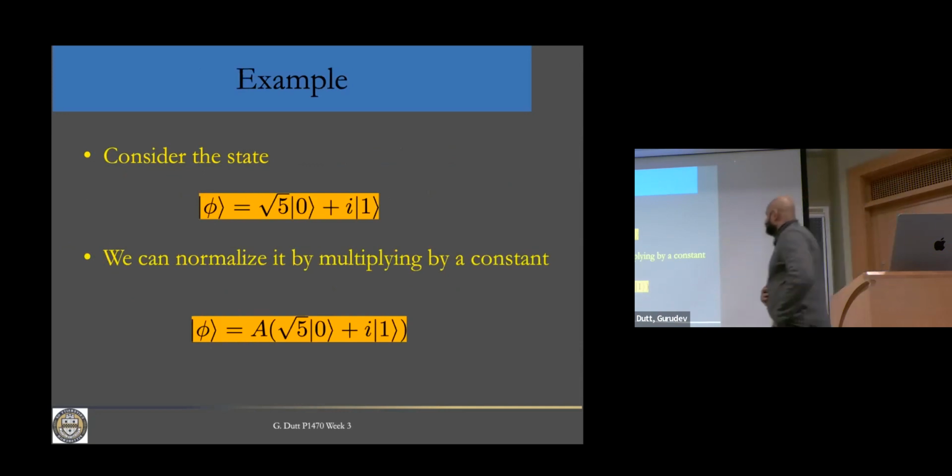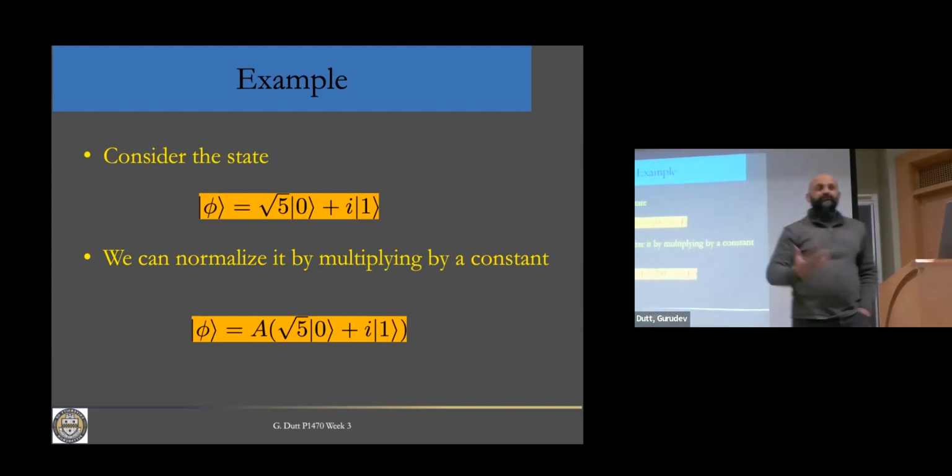If I consider some state like this, which I just made up, square root of 5 times 0 plus I times 1. Well, it's not normalized, you can see that right away. Square this, it's 25. No good. So we have to normalize this by multiplying it by a constant. That's the usual way we do it. You could think, why don't I just subtract something? But that doesn't really work.